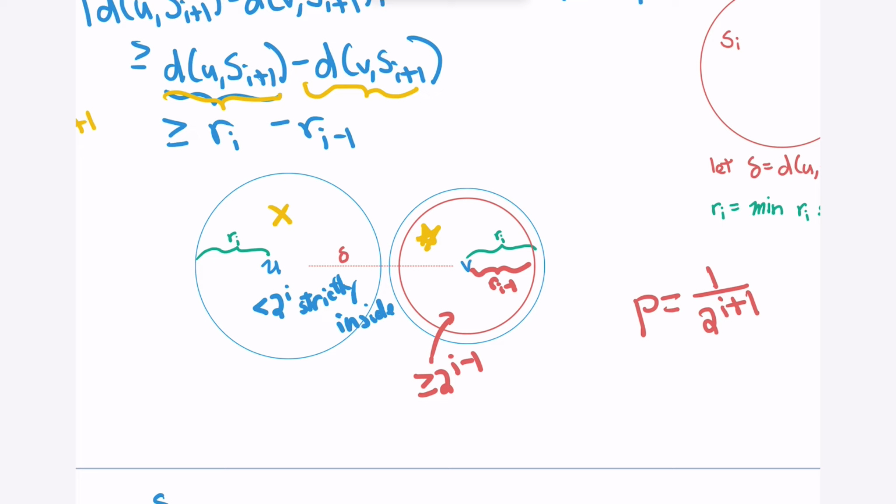It could be much bigger. So this is no longer radius Ri. This is now radius delta over 2. But the U is still the one that determined the Ri. But the real thing is the disjointness. Making the ball smaller is only going to help you with this less than 2 to the I strictly inside. And that's what we need.